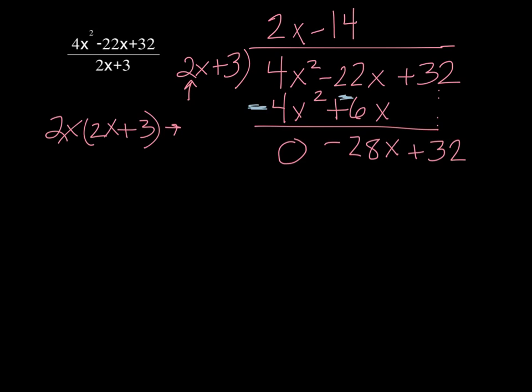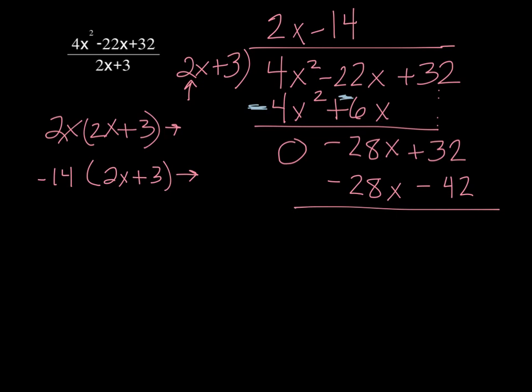So we're going to multiply negative 14 through our divisor, 2x plus 3, leaving minus 28x minus 42. When I distribute my negative sign, that becomes plus 28x and plus 42.